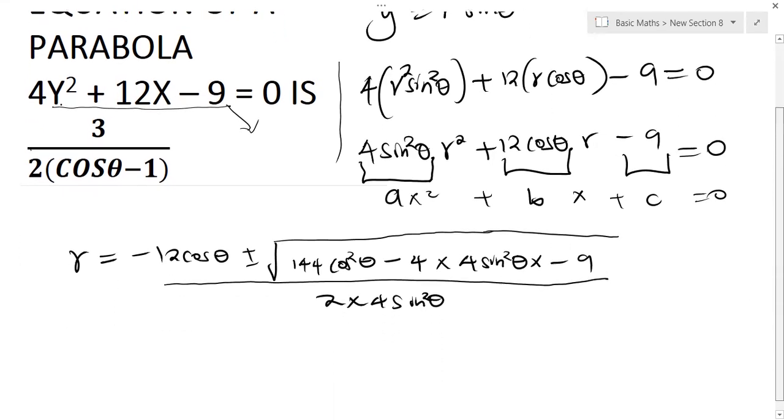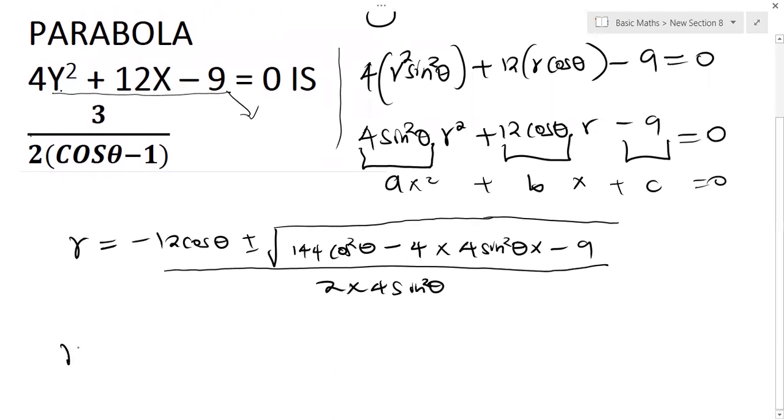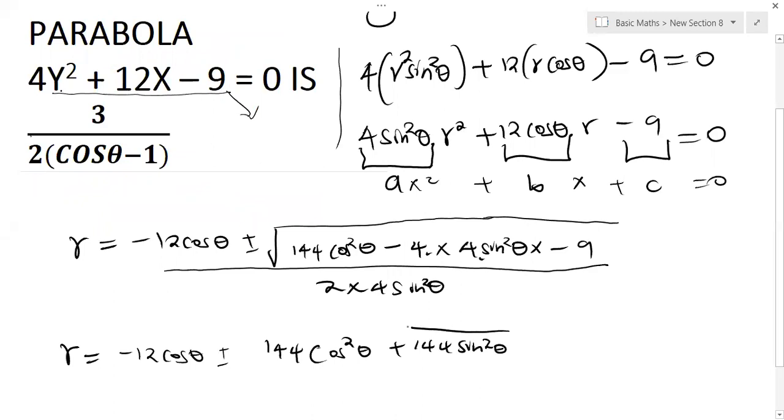So simplifying this, we will have r being equal to minus 12 cos theta plus or minus, I can factor out 144 because this and this will give me 144. Okay, so let's just have 144 cos squared theta first plus 144 sine squared theta, square root, all this divided by 8 sine squared theta.